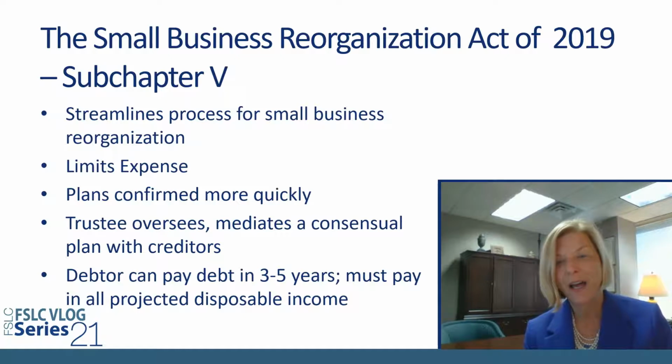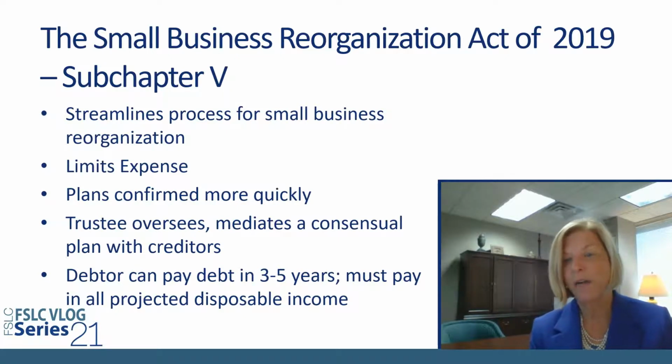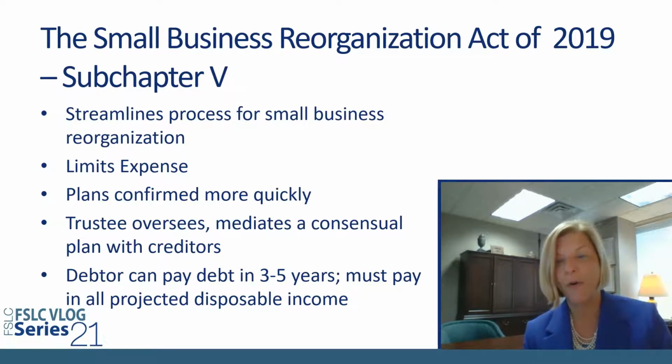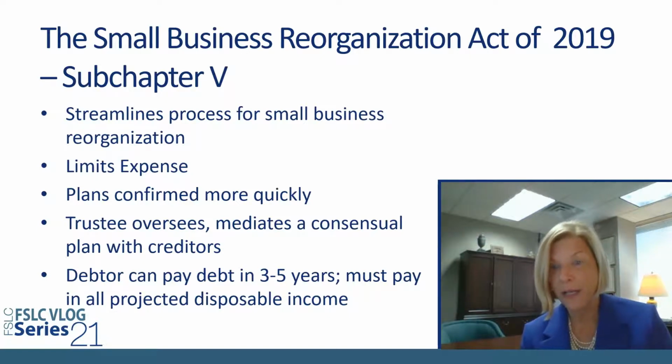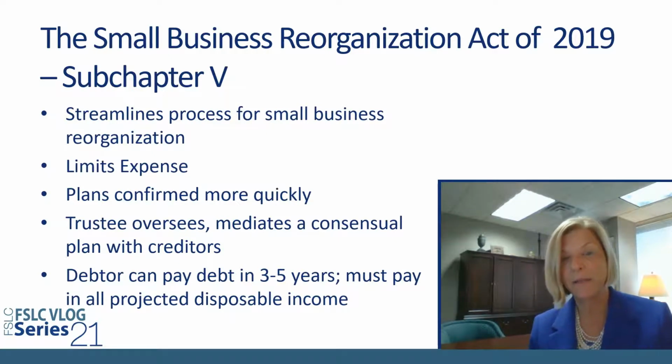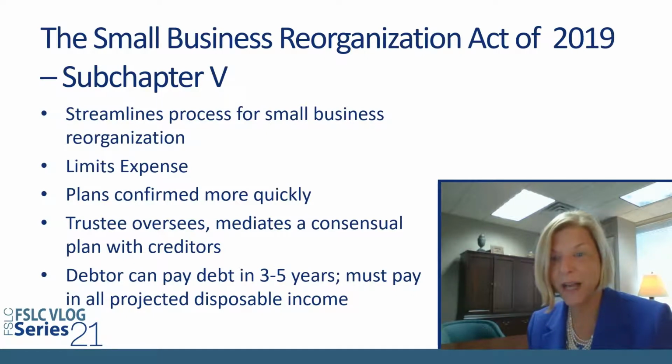It looks sort of like a Chapter 12 farm plan or a Chapter 13 wage earner plan. It's a much simpler plan in most cases. Under subchapter 5, a debtor can repay their debt in 3 to 5 years, but the debtor has to put all of their net disposable income into payment of the plan over that period of time.